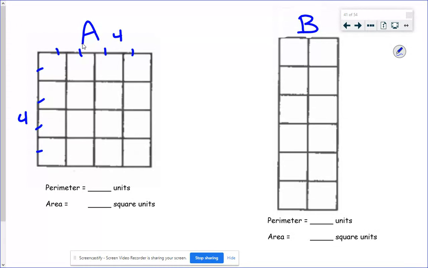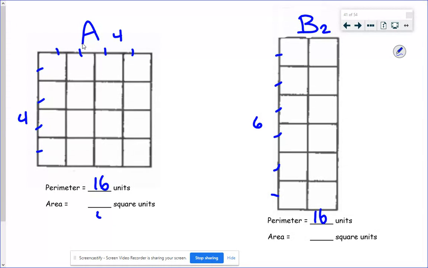So for perimeter, we would be adding 4 plus 4 plus 4 plus 4. 4 times, that's going to be 16. Six plus 2 plus 6 plus 2, that's 8 plus 8, that is 16. So those perimeters are the same.